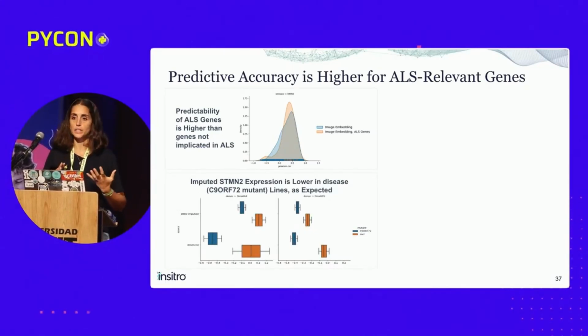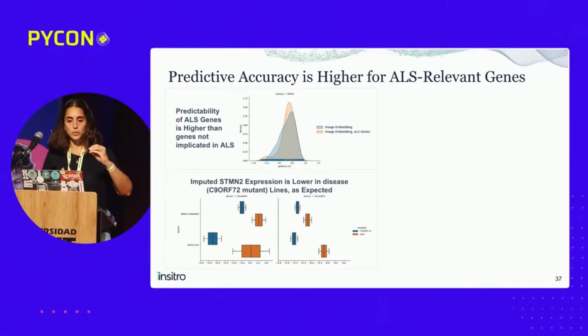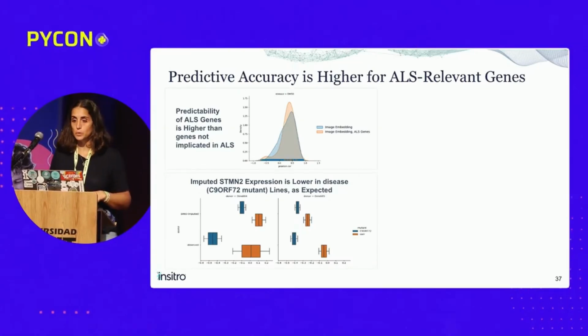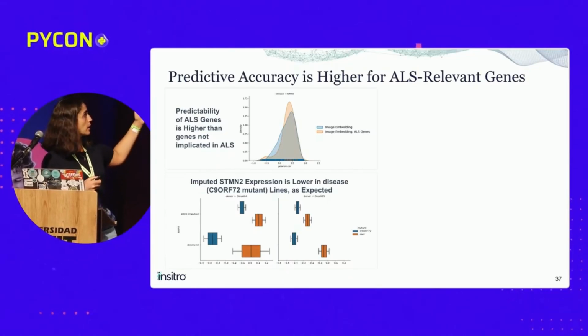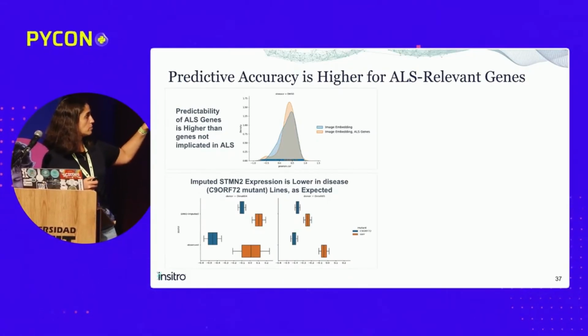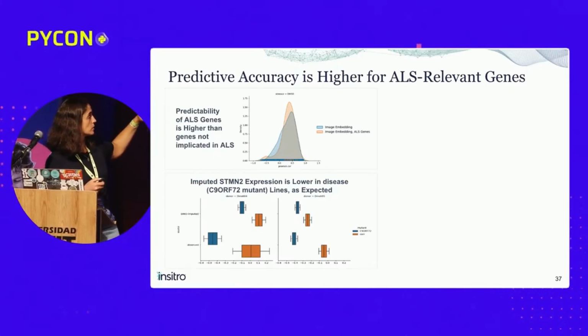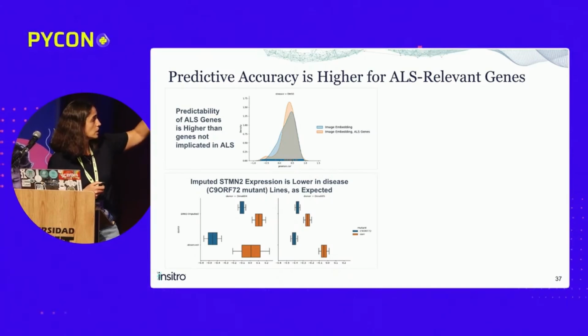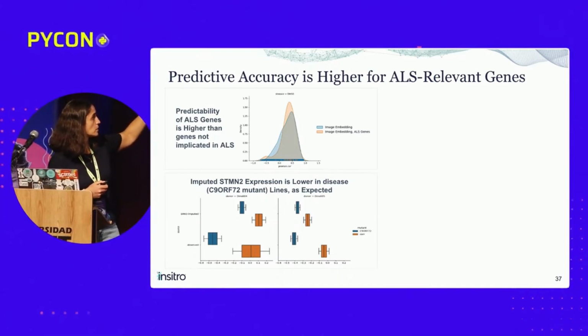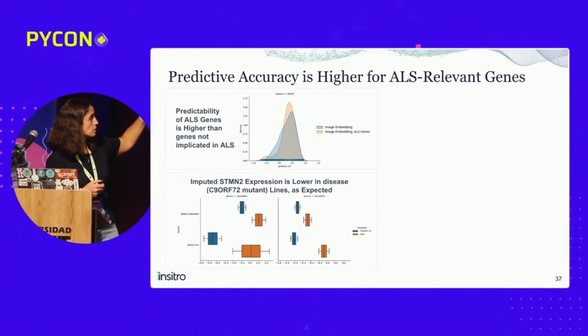And so then what we tried to do was, now that we have this ability of predicting gene expression, can we impute the StatMin2 expression in disease lines and compare with what had been measured in the experiments? This is what you have here in this graph. The Dino imputed is the first row. This is across two donors. In blue is the disease line.